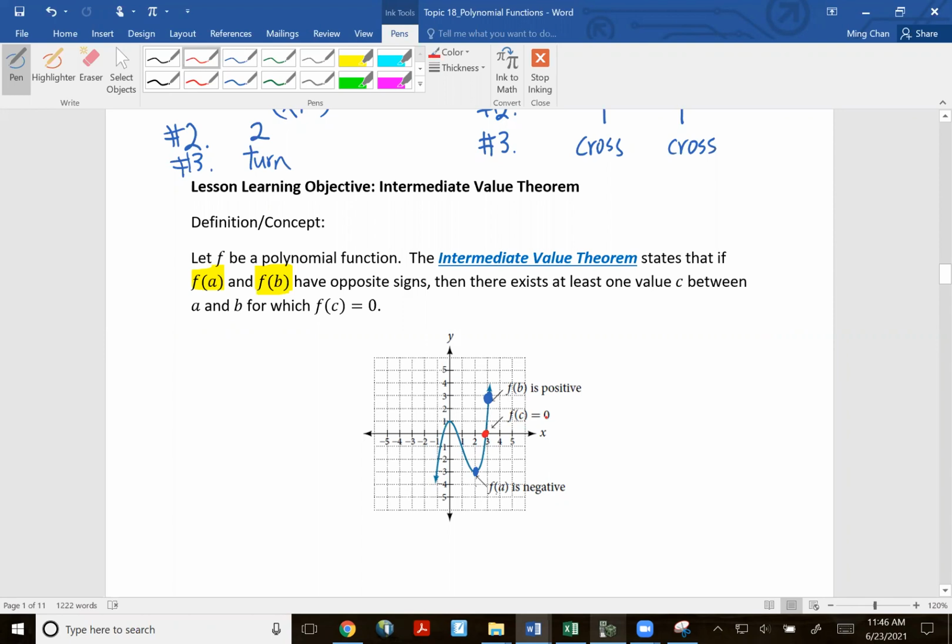So remember, the 0 of a function means y is 0. Whenever you see a y value equal to 0, that x value is the 0 of the function. Okay, so let me show you in a graph, so you understand.